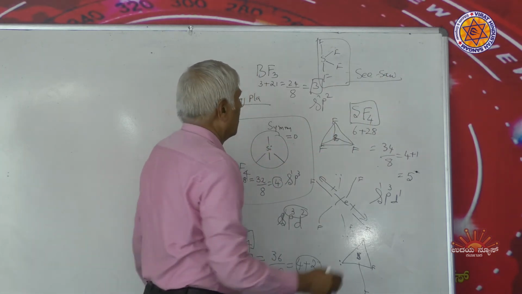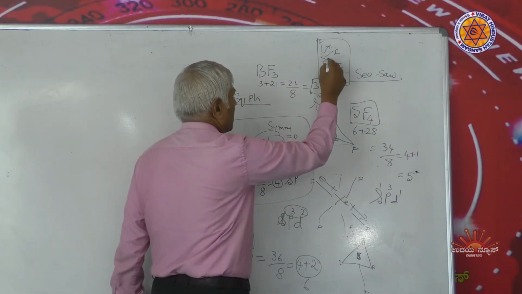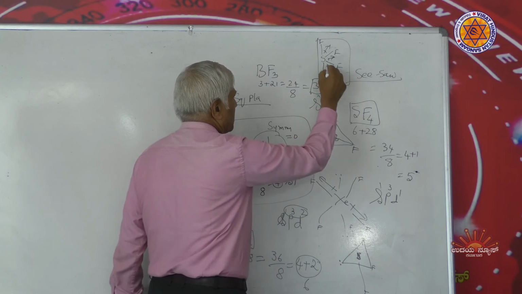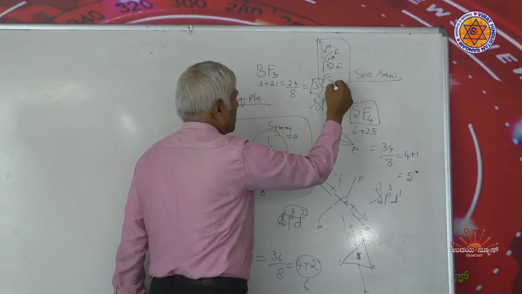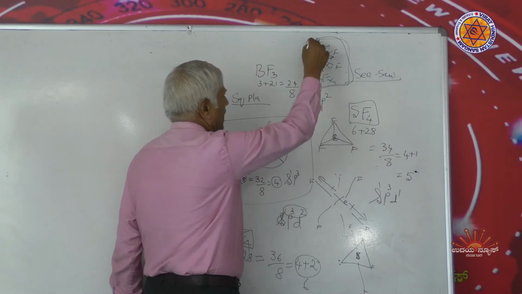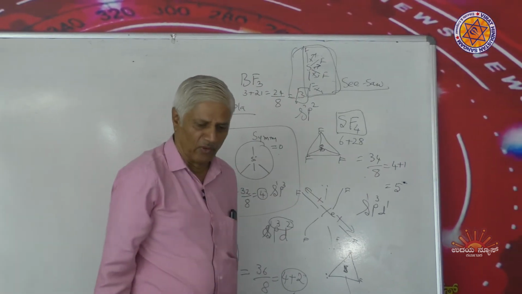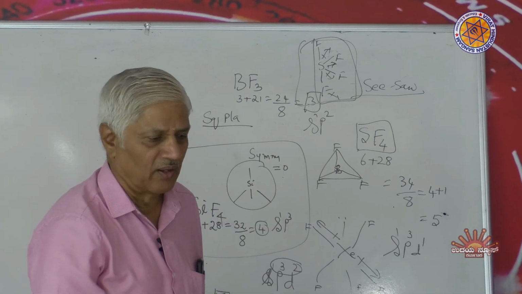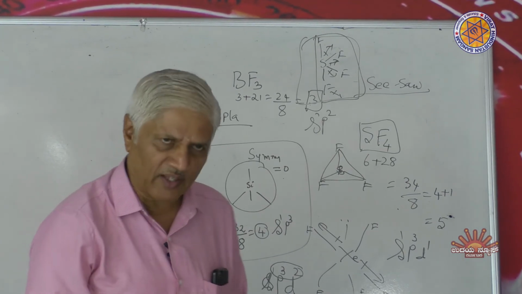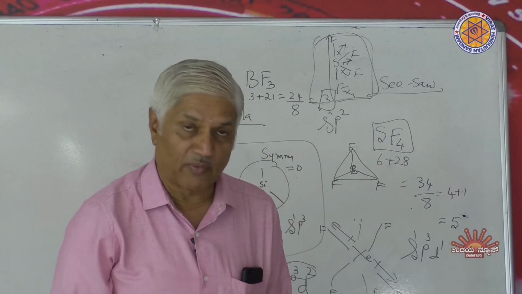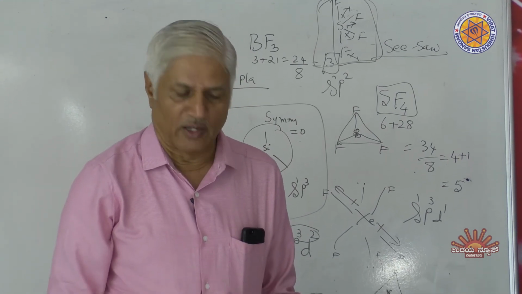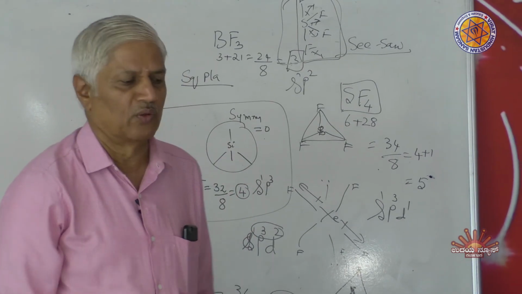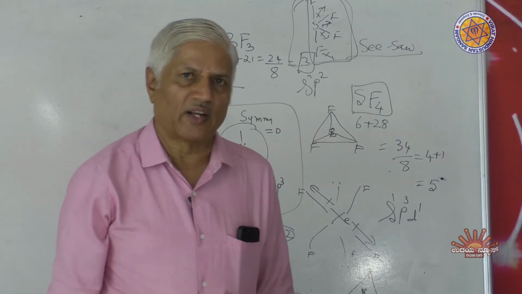Special shape. All the dipole moments are directed like this. They don't cancel each other. This will have a net dipole moment. Therefore, SF4 is a seesaw molecule. A seesaw molecule is not a symmetric molecule. It will have a net dipole moment. Remember, symmetric molecules have 0 net dipole moment.